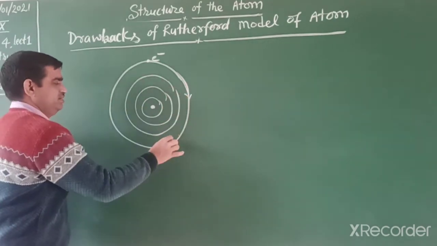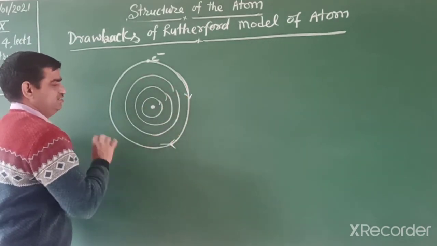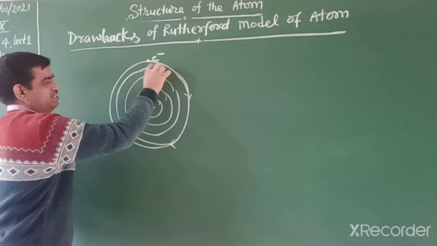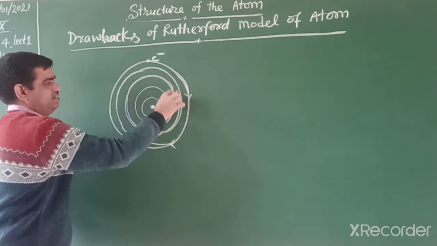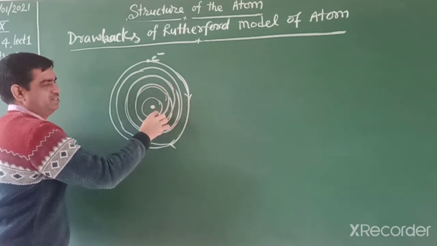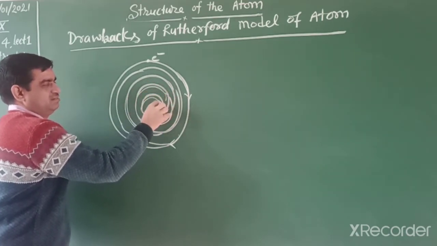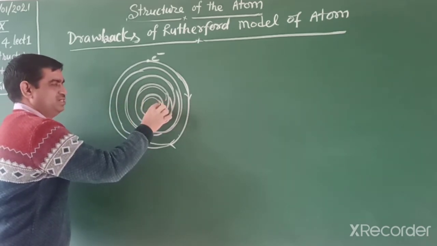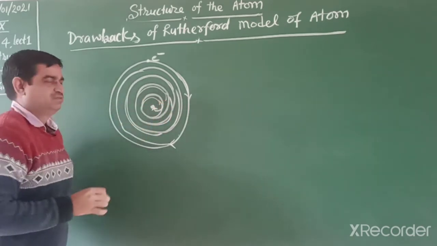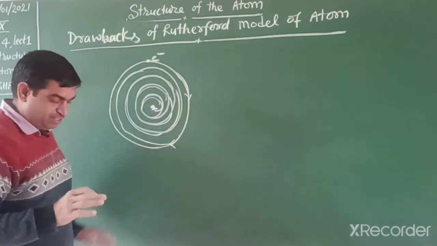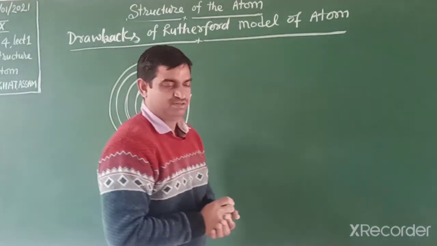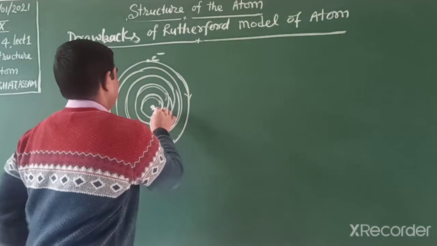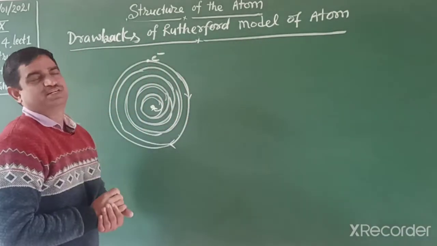So when energy is released as radiation, its path shrinks. It comes nearer to the nucleus, and ultimately, when it comes very near, the protons are positively charged and the electron negative, so it collapses into the nucleus. It means this type of thing does not happen. So what is the reason? Rutherford could not explain the stability of the atom.